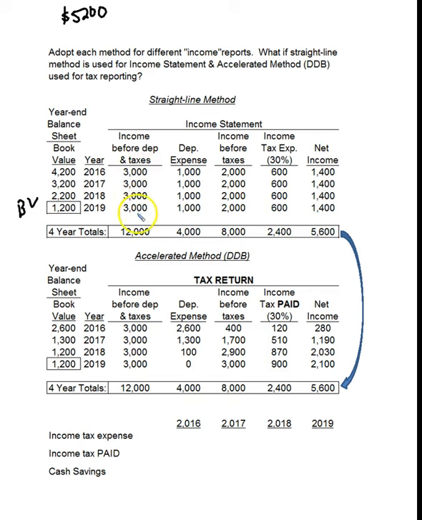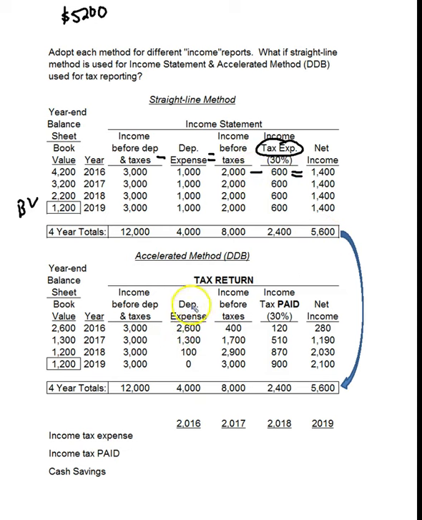Let's assume we have $3,000 income before we factor in depreciation expense and income tax expense. So then if I subtract my depreciation expense, I'll get the income before taxes, and that's the income we pay income tax on. So at a 30% rate, 2,000 times 30%, my income tax expense is $600 each year. And then, net income, $1,400.